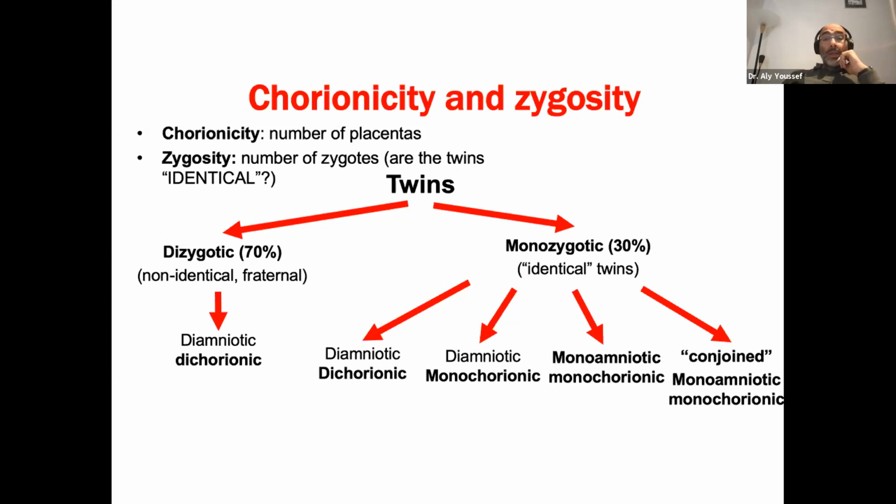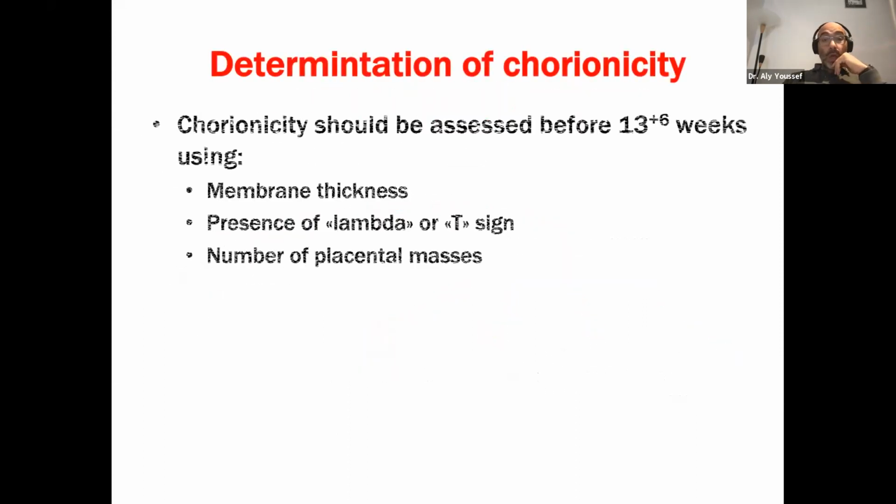So this means that if you have dichorionic twins, you cannot be 100% sure whether they are monozygotic or dizygotic. However, for the management of the pregnancy, what's important is the chorionicity, not the zygosity. So how can we determine chorionicity?